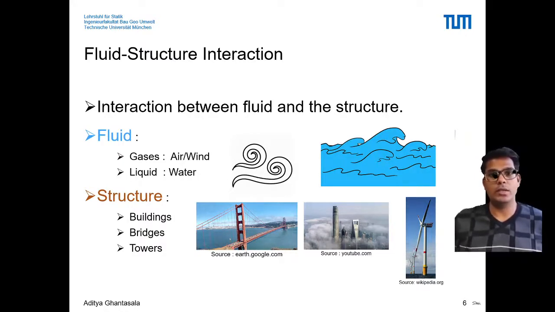In principle, it is about how the structure or the fluid behaves when it is being acted upon by the other one. How does the fluid behave when it is being acted upon by the structure, or how does the structure behave when it is being pushed by the wind, the air or the water? This is what the study of fluid structure interaction means.